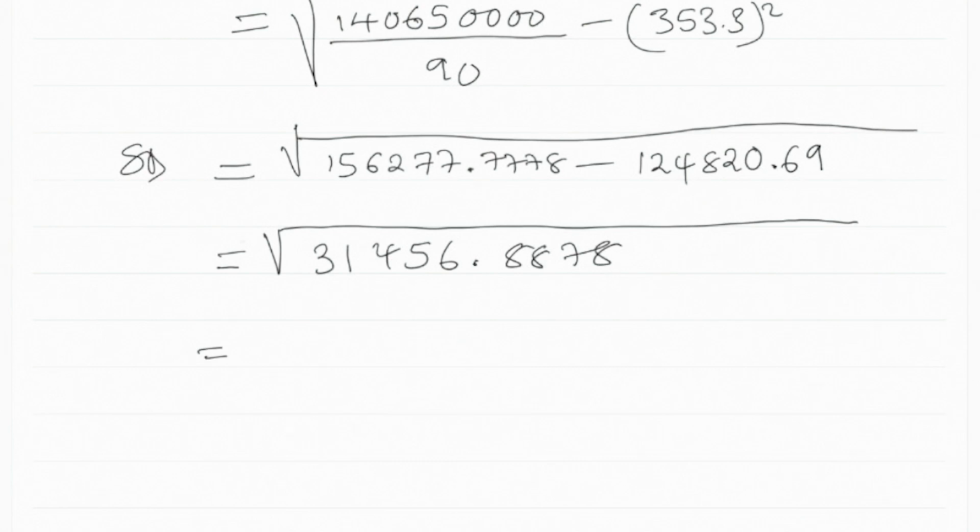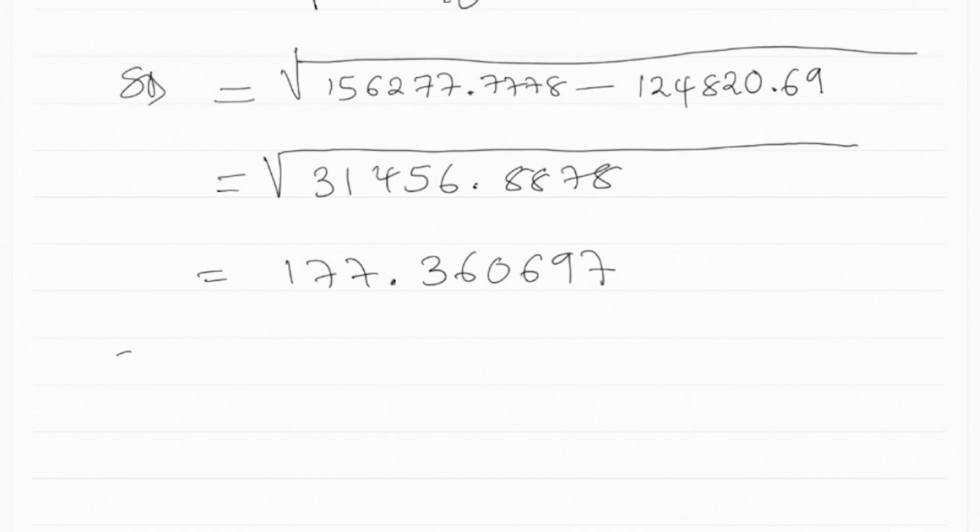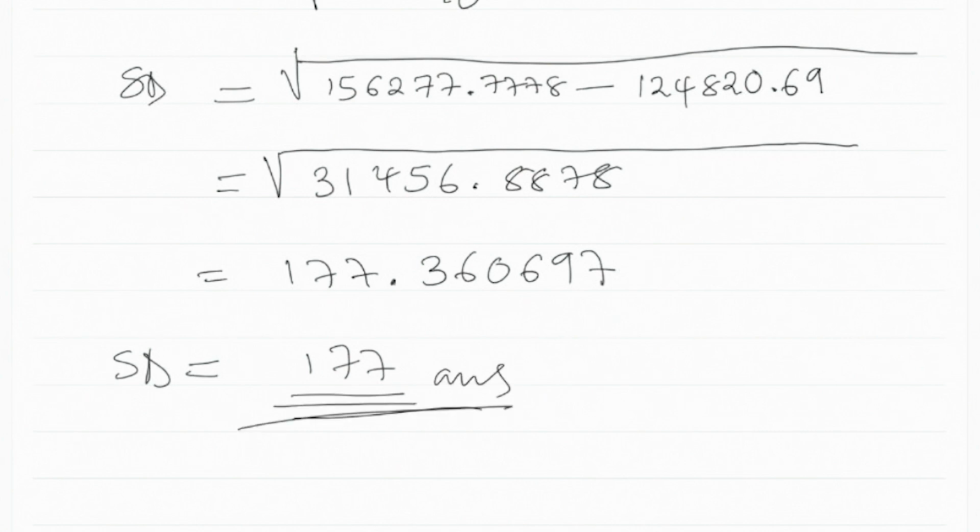Having done that, when you find the square root of that, it's going to give you 177.360,697. And finally, our standard deviation is going to be 177 to the nearest 100. So that is our final answer for the standard deviation.